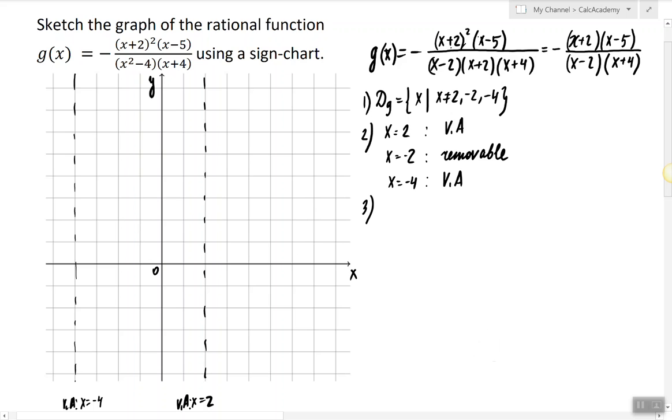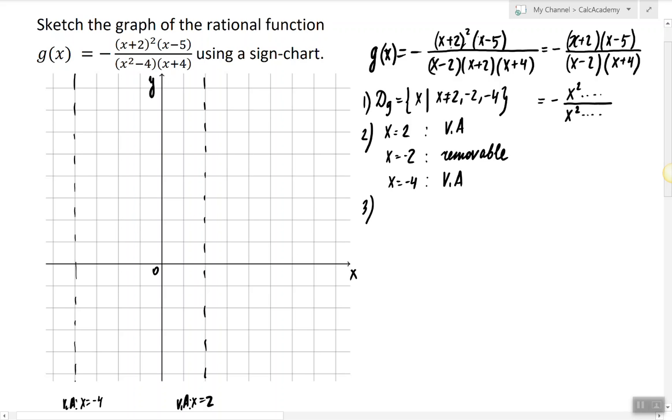In our case, what do we have in the numerator? We have a polynomial of degree 2, and in the denominator we also have a polynomial of degree 2.